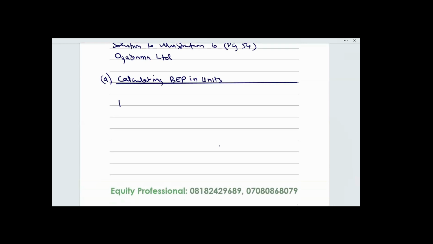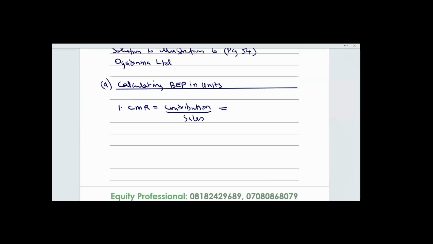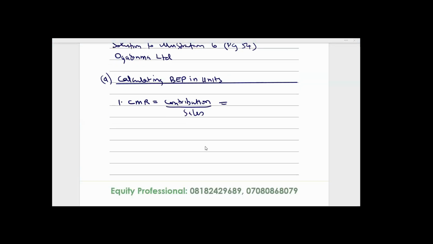Step 1 is to calculate the overall contribution margin ratio, which is the total contribution for the company as a whole divided by total sales. According to the question, the total contribution is 30 million naira.